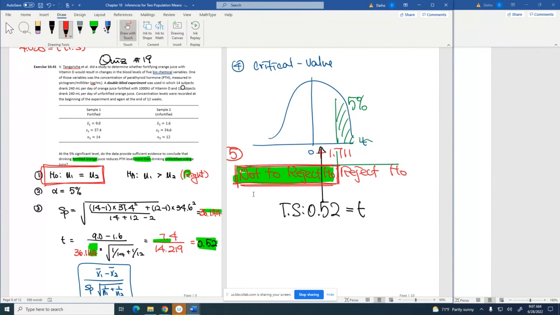Even though we are drinking the fortified orange juice, it does not reduce the rate. The reduced rate is the same. Can you make the conclusion? No difference. We don't have to pay more. It's the same, the reduced rate.